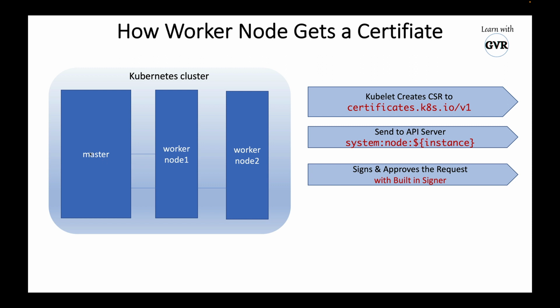So this guy will sign and approve with a built-in signer. Whenever Kubelet communicates, it's automated, auto approved, right? And once this is signed, then whatever signed certificate will be used by the worker node, and then all the communication will happen. Here once it is signed, you can download it and use it.